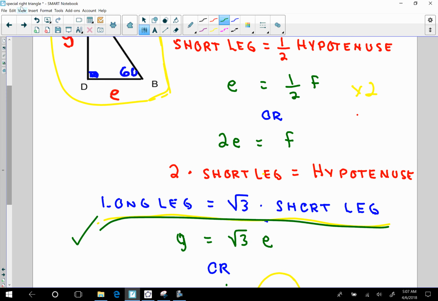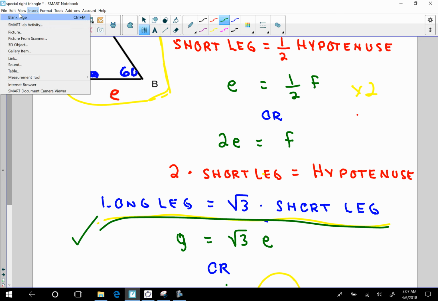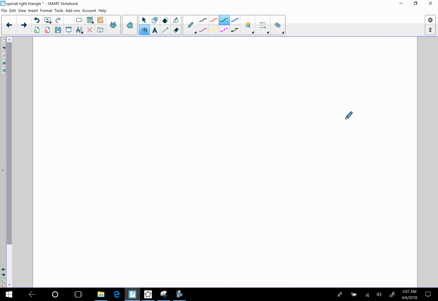Let's finalize. Let's insert a blank page here, and let's make some finalized notes about this 30, 60, 90 stuff going on.